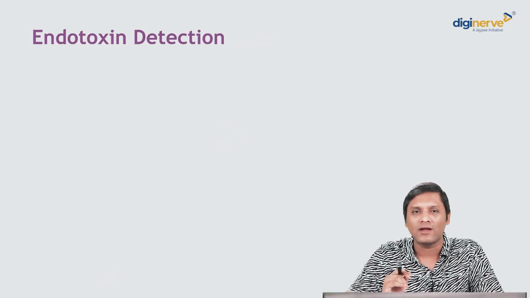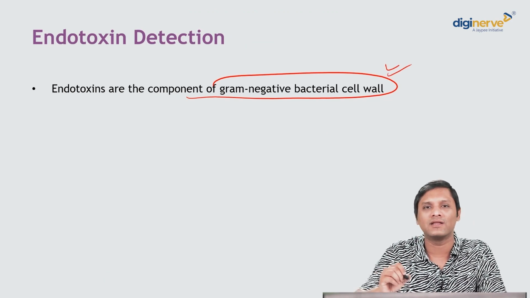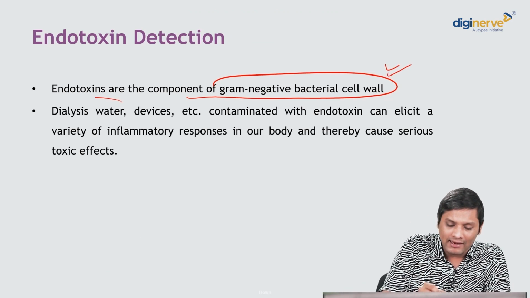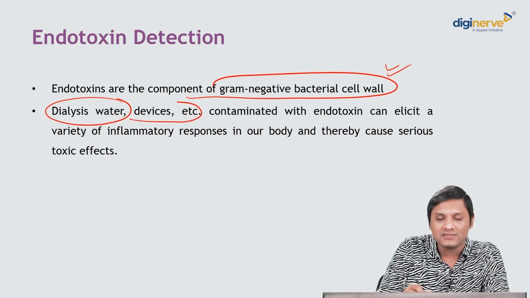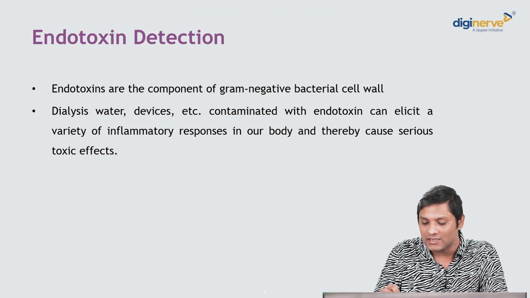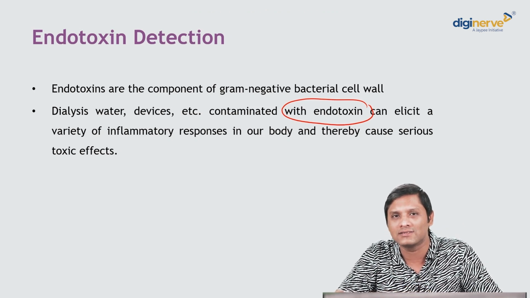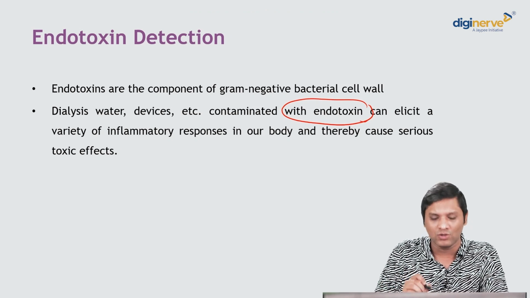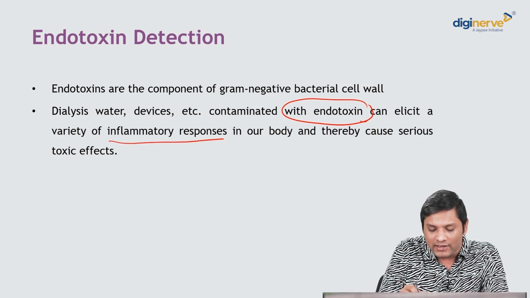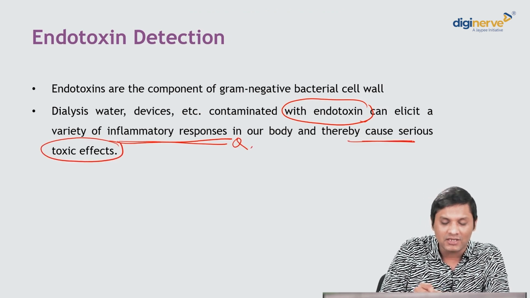Another important thing with which the hospital water may get contaminated is bacterial endotoxins. Endotoxin means what? Endotoxins are the component of gram-negative bacterial cell wall. So they say that the dialysis water and the devices used for dialysis may get contaminated with the endotoxin, and in such case, if you take such endotoxin contaminated water for dialysis, then this endotoxin inside the human body may induce various inflammatory responses, and therefore it can cause various toxic side effects.